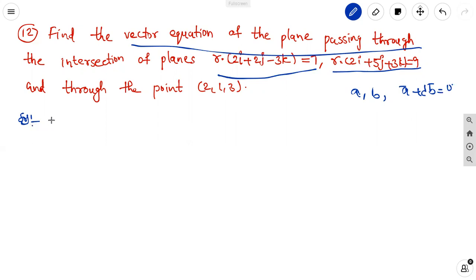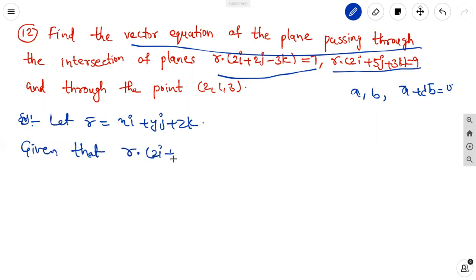First of all, let the position vector r equal to xi plus yj plus zk. And they have given the relation r dot (2i plus 2j minus 3k) equal to 7 and r dot (2i plus 5j plus 3k) equal to 9.